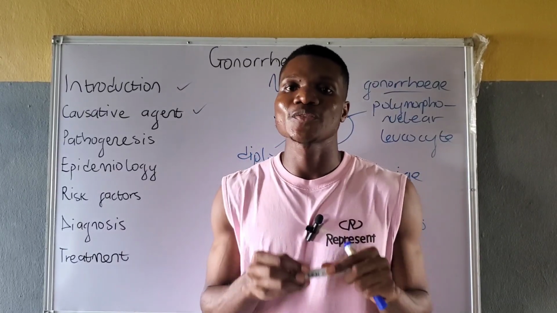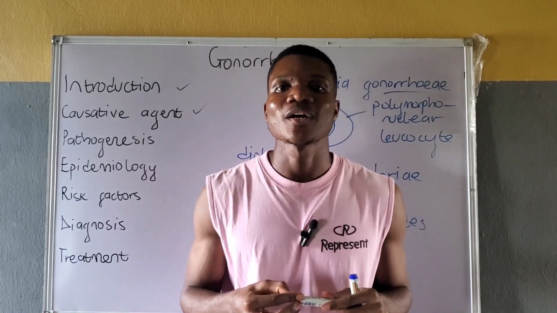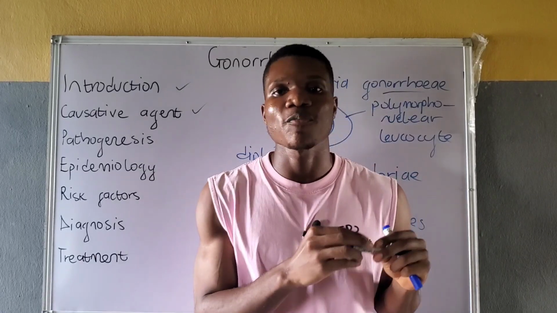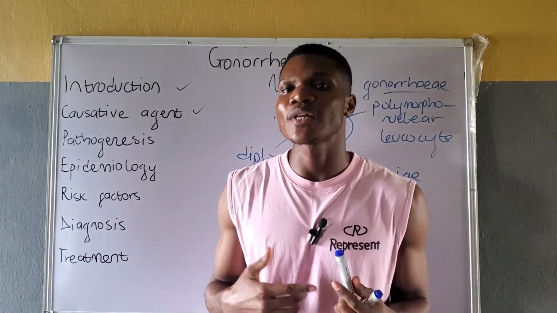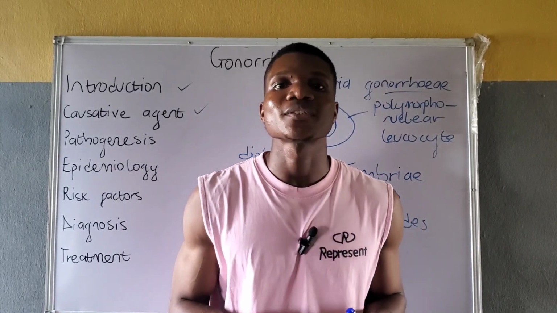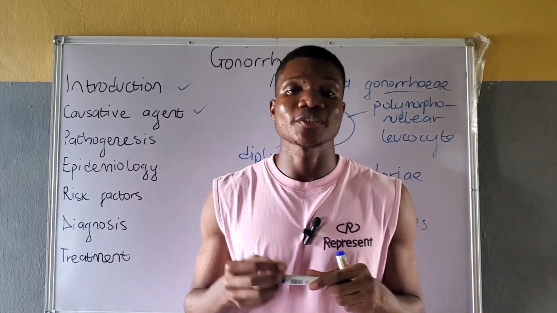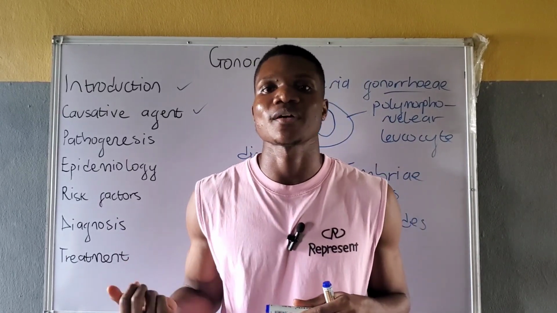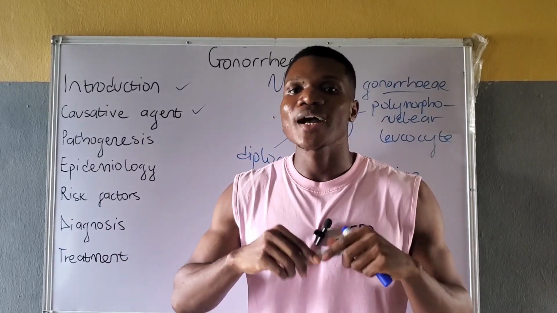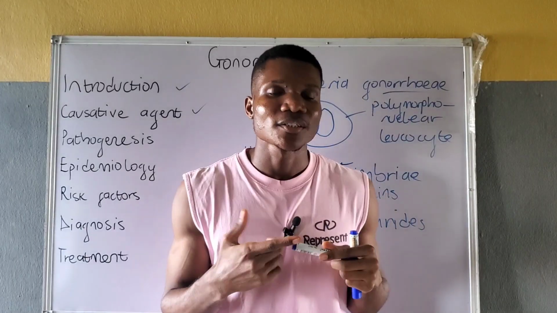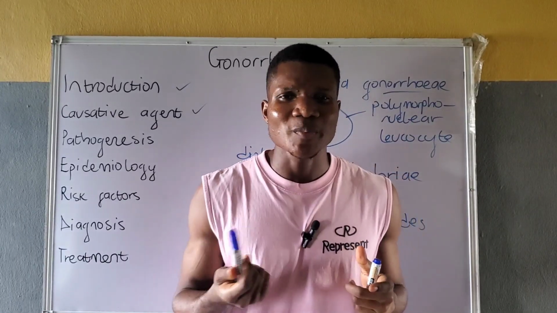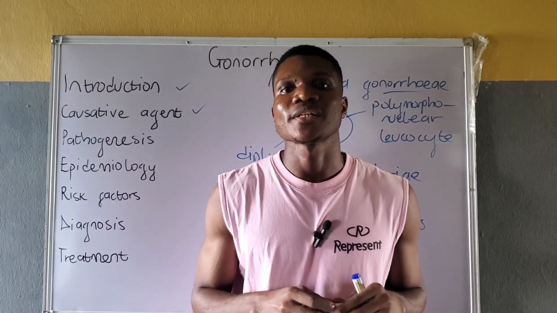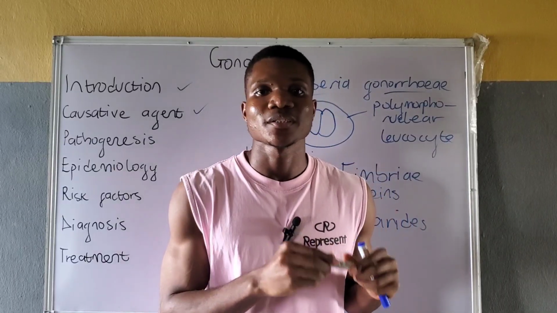The death of the neutrophils as well as death of bacteria causes formation of pus, and this leads to purulent discharge. In males, the infection leads to urethritis, which is the inflammation of the urethra. In females, the bacteria ascends from the cervix to the fallopian tube and the uterus, and this leads to pelvic inflammatory disease.